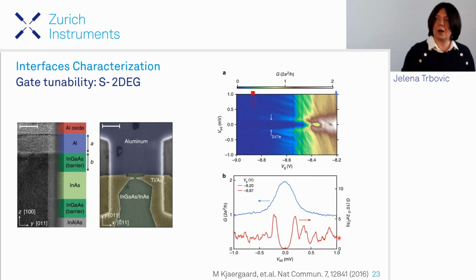We actually see how by tuning the gate voltage we can go from the doubling of the conductance, as I showed already for Andreev reflection. So this happens in this highly transparent region, and over here when we go into the more closed region, we see a tunneling curve with a lower transparency of this quantum channel.